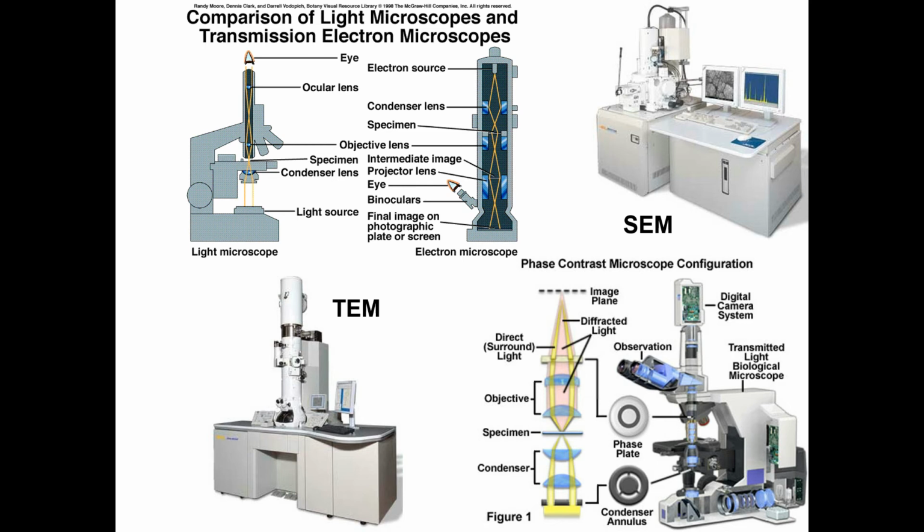So the light rays are going to pass around the specimen and through it, and you're going to get different levels of contrast, shading, and this allows you to see internal features a little bit more clearly.